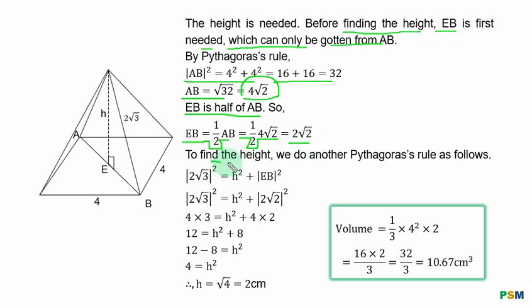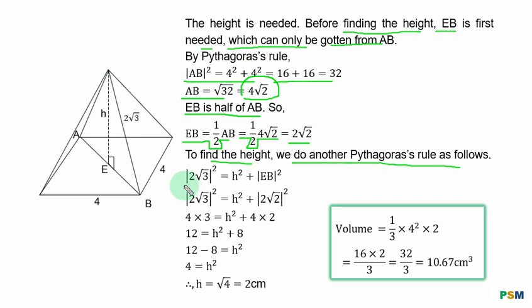To find the height, we do another Pythagoras rule as follows. We need H. We have to consider this triangle from here to this point, where the slant height is the hypotenuse.